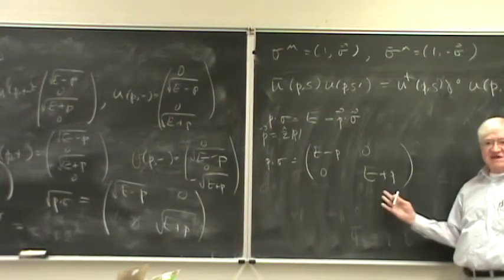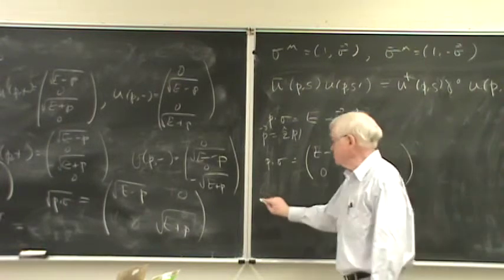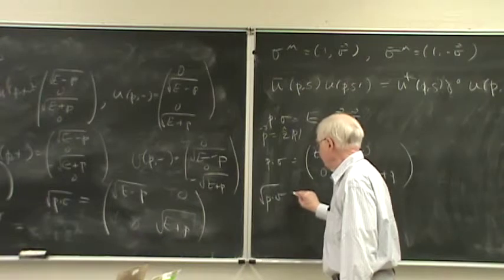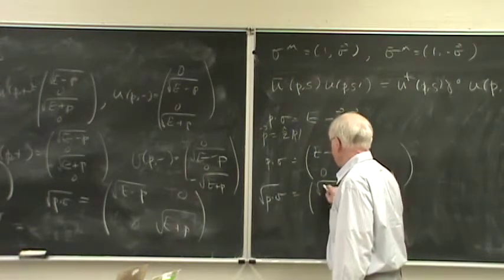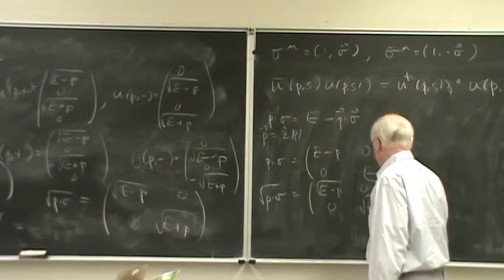And now if you have a diagonal matrix, you can take its square root very easily. You can just say square root of P dot sigma is square root of E minus P, 0, 0, square root of E plus P.